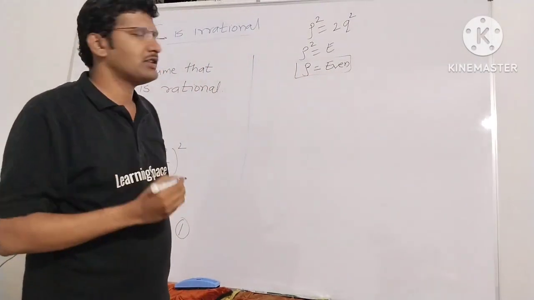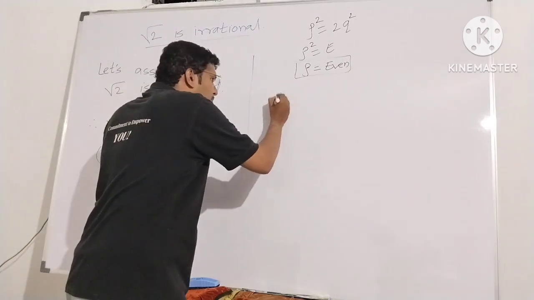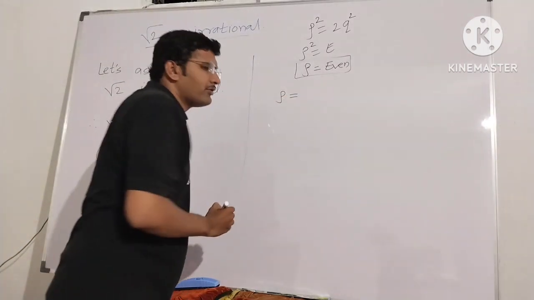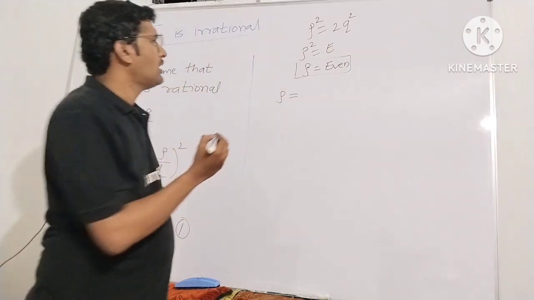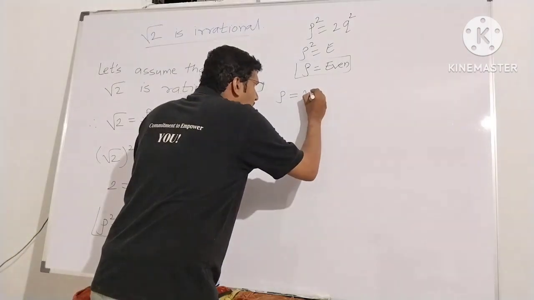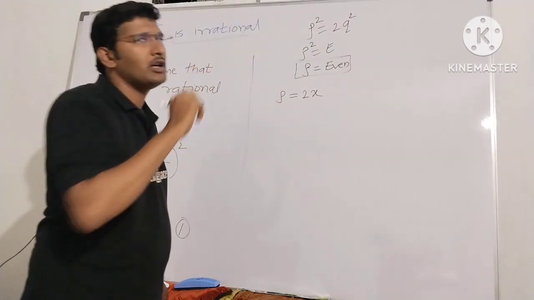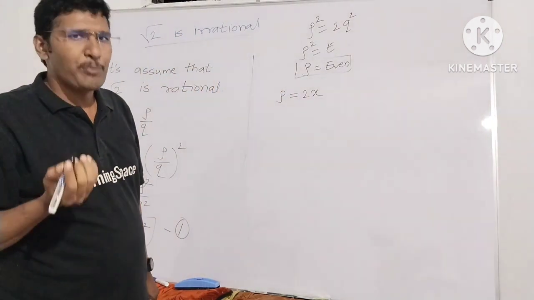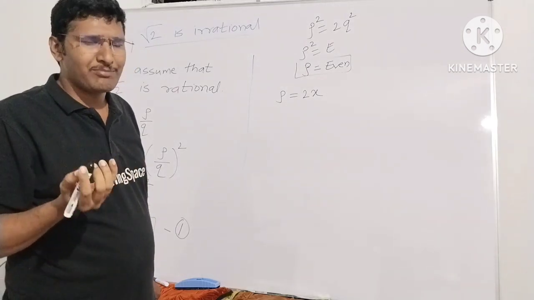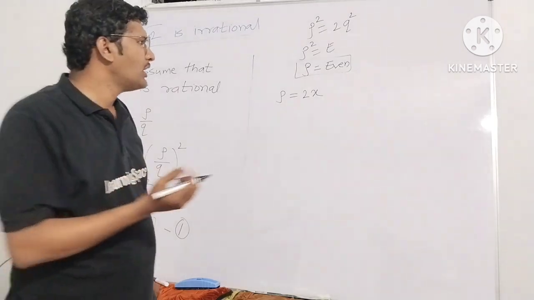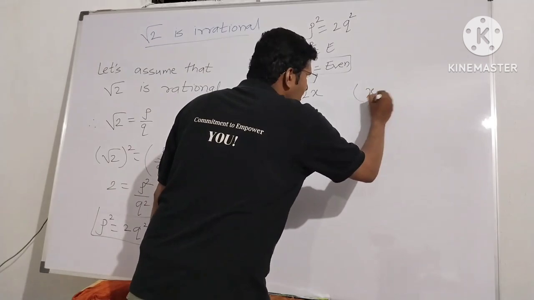So we'll do one adjustment. We'll represent p in the form of an even number. Suppose p is equal to 2x. As p is an even number, we can represent it as a multiple of 2. x is some integer.